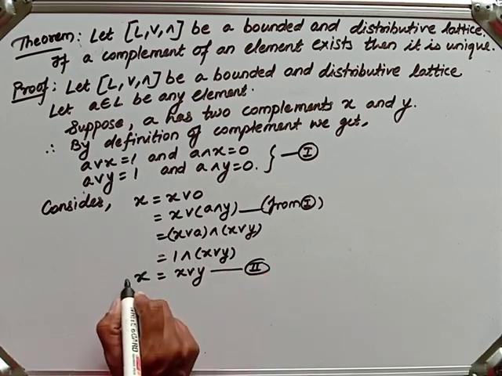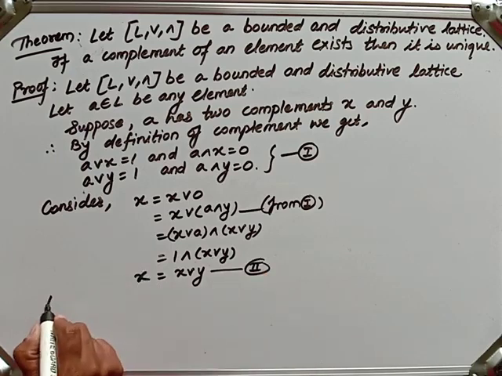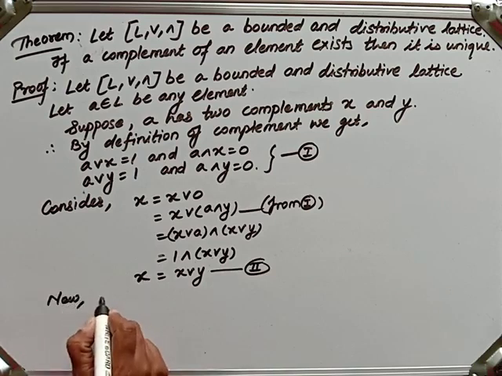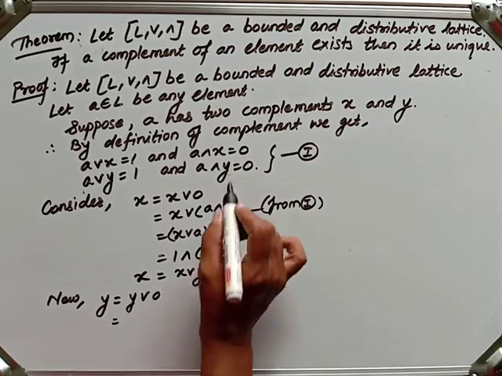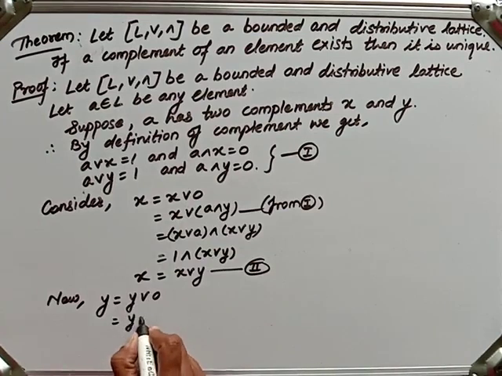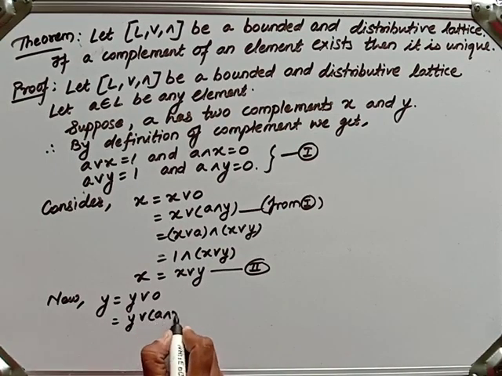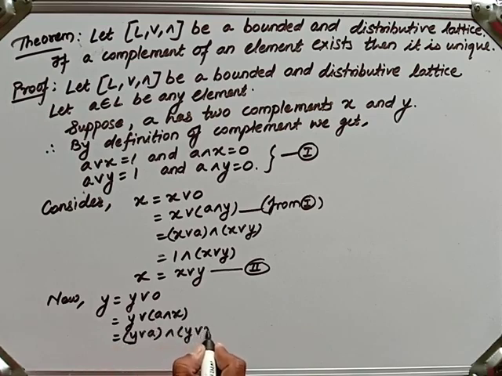We get x equal to this. Now take y equal to y join 0. We will see what happened with y. Now let me take 0 as a meet x here. So y join (a meet x), which is (y join a) meet (y join x).